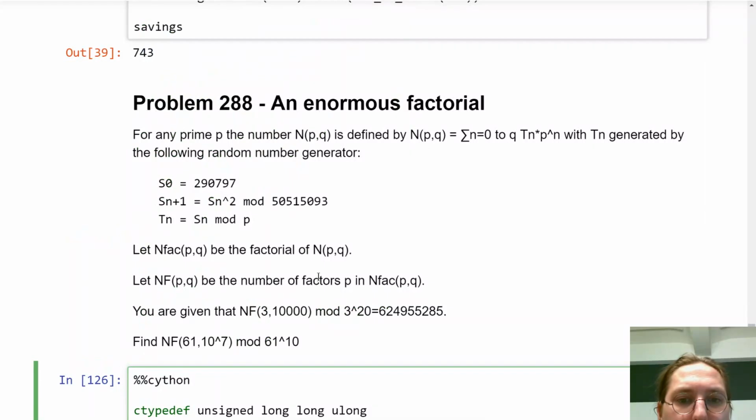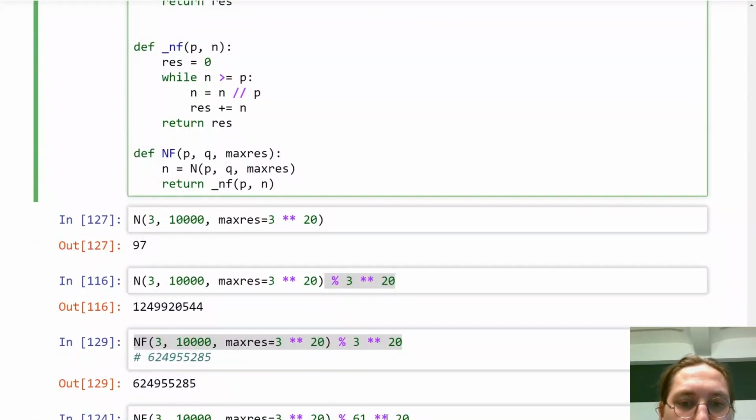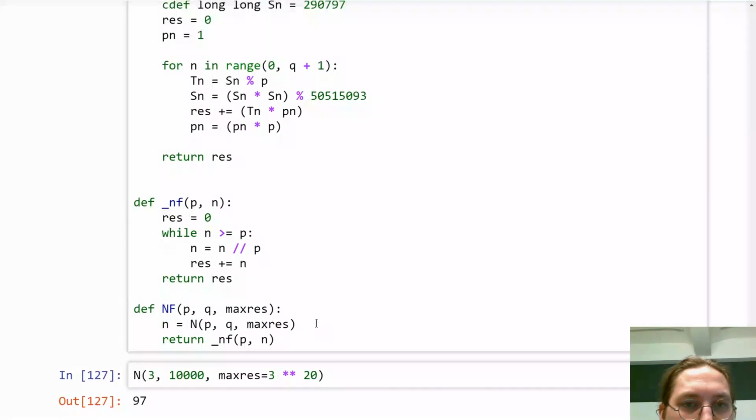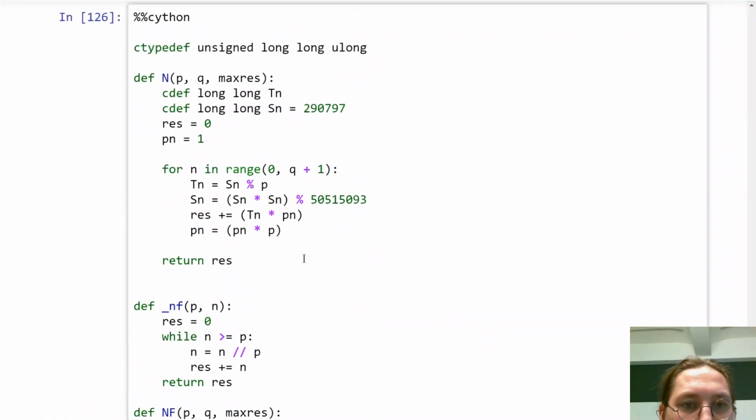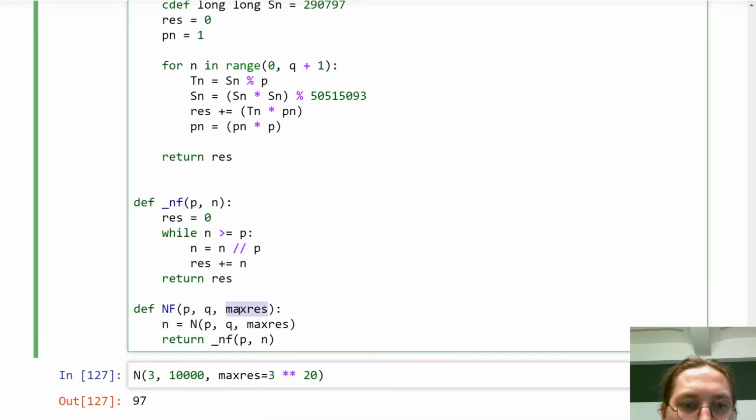Technically no. So we didn't include the mod in the n, we just did it on the factorial side. We did not mod. We don't need it here.